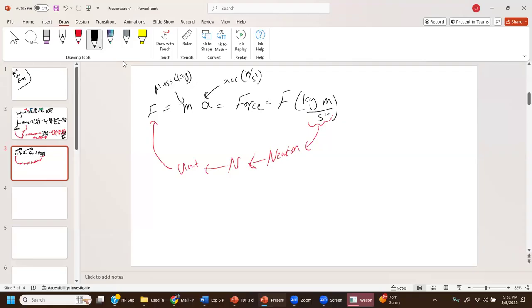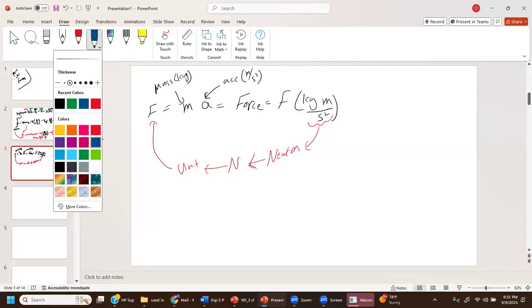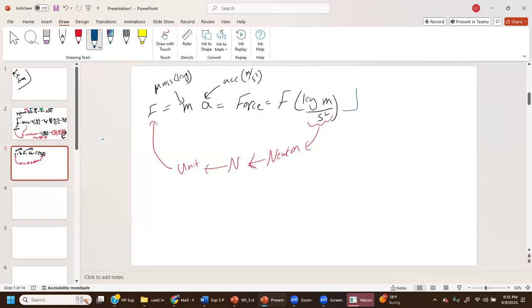Now, one of the forces that we actually saw was called your gravitational force, which we gave the letter Fg, and it was going to equal G m1 m2 over r squared.